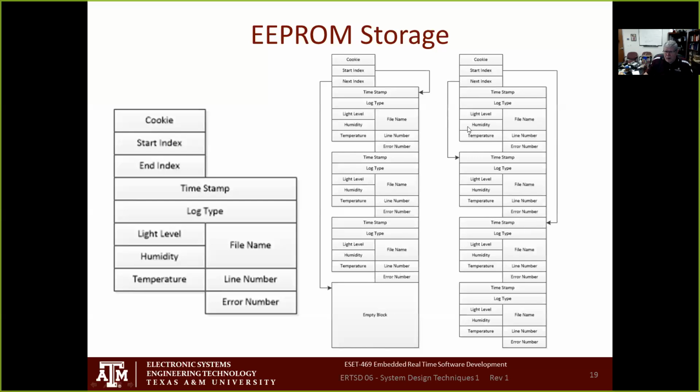Now, one of the nice things about that: let's say that I filled up my EEPROM. I can now do a circular queue. So if I filled it up, I went down and my empty blocks were all the way down to the end, and then finally my empty block is pointing to this guy. I write something here, and even though there's information here, I'm going to treat that as my next empty block, and the start index is going to point to the next valid thing.